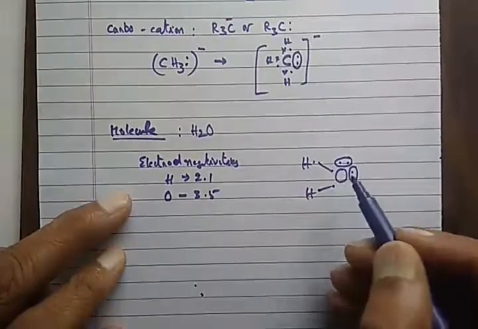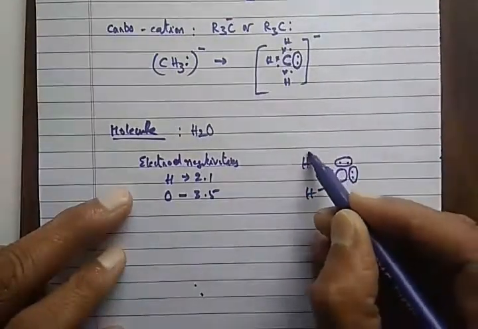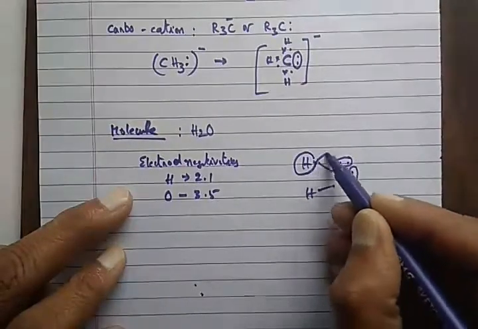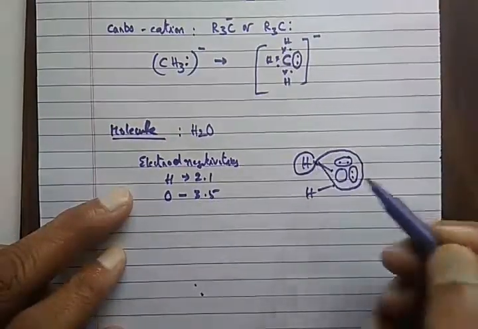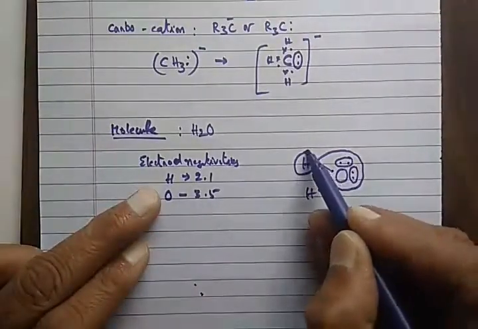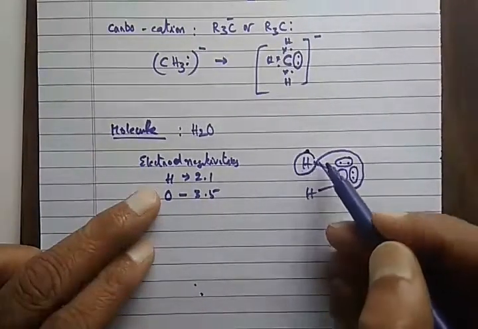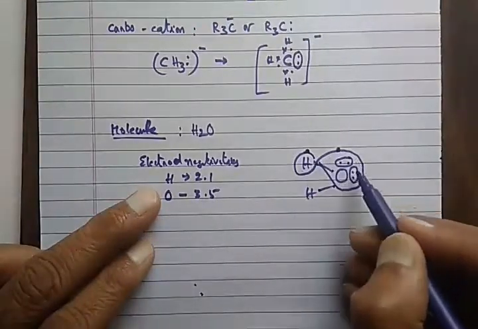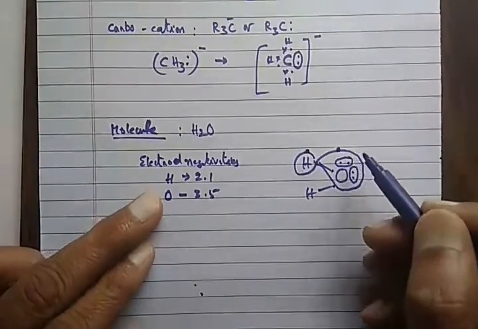Let us take only this bond. Like earlier, the electron will go around the hydrogen as well as the oxygen. Because of less electronegativity, the electron will go around the hydrogen faster, and oxygen will take more time.